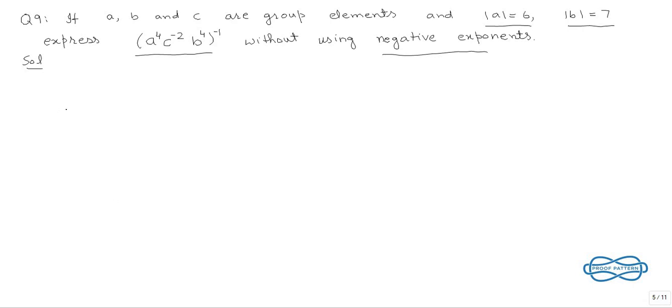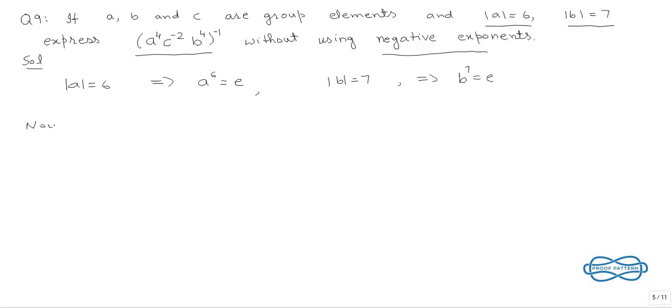So the order of a is equal to 6, this means a raised power 6 is identity. And similarly, the order of b is equal to 7, this means b raised power 7 is the identity element.